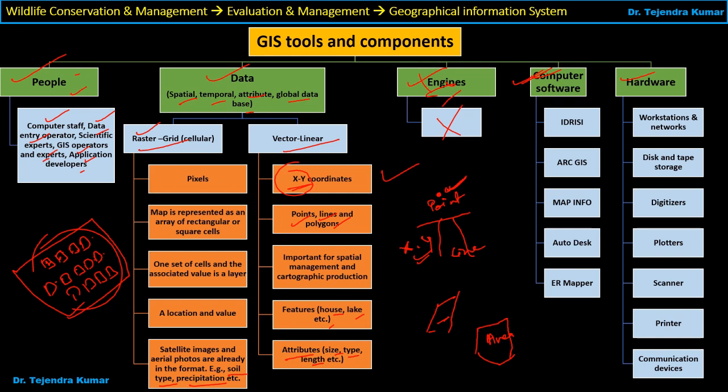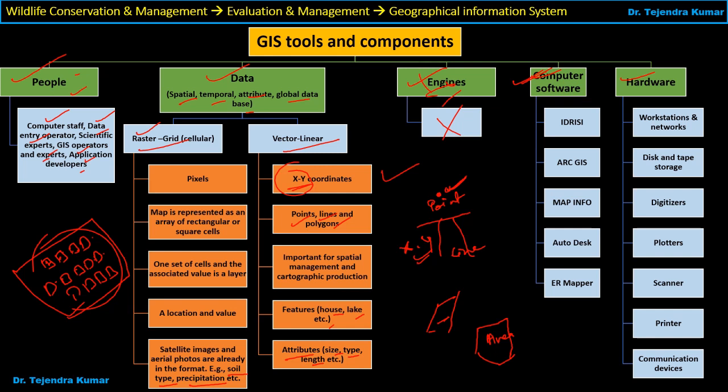But in the vector linear, it only shows the polygon, making the water body in the form of an area only. Here we can take the grids or pixels. So we analyze by using both of these systems, overlaying vector linear as well as raster grid. This will give a better resolution or better picture.